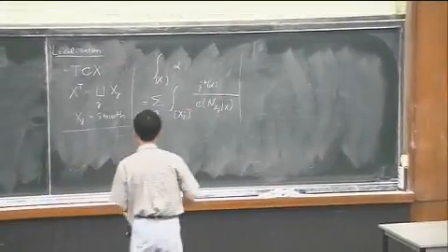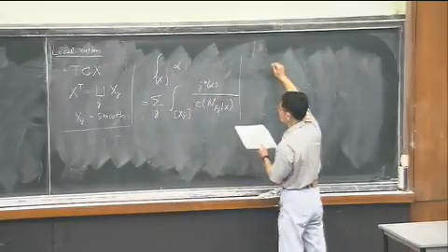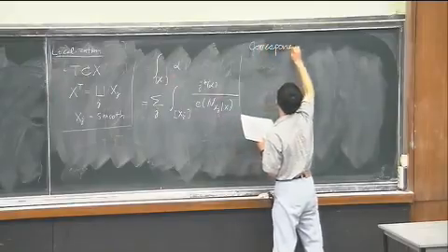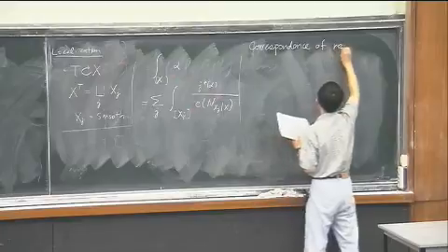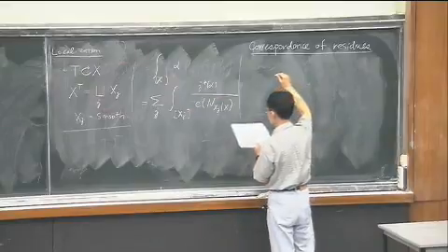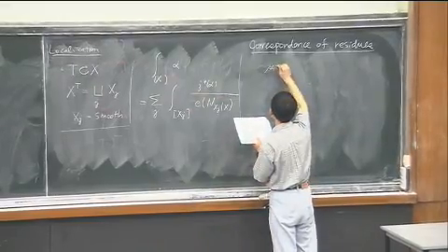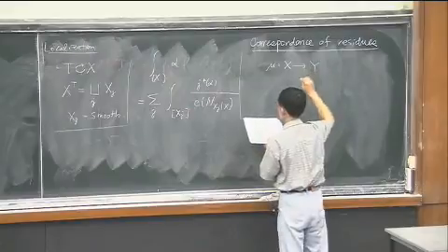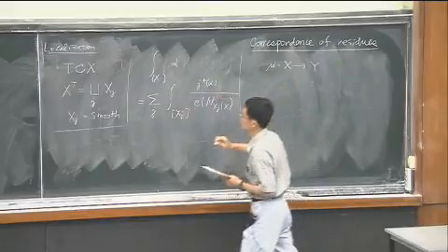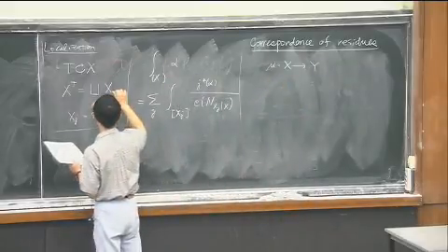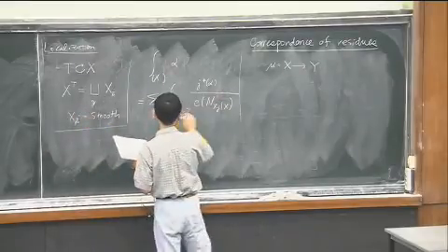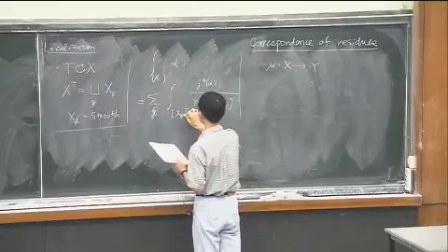So you can do this relatively in the following sense: if you have mu from X to Y, and now I realize why I use I here. Sorry, it's okay, because I have used I on one side and j on the other side.